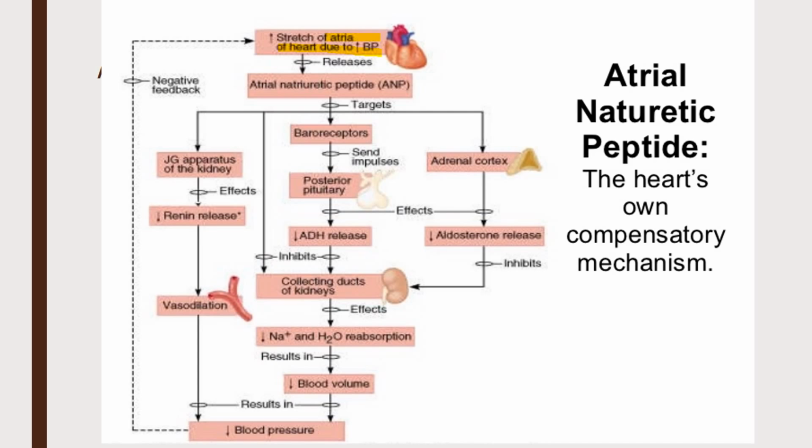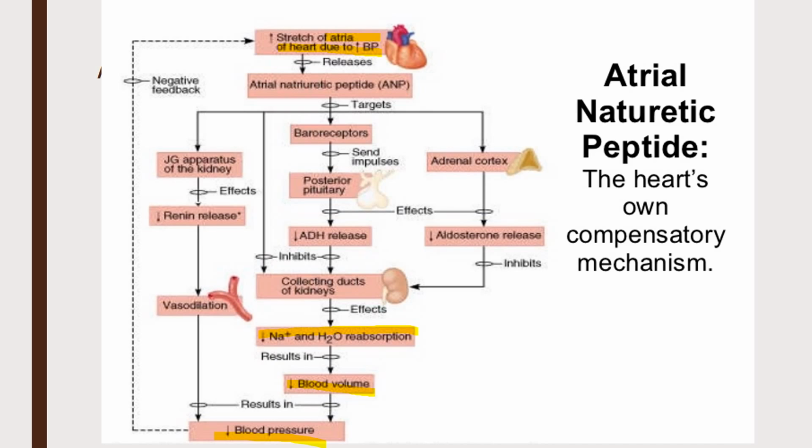Then we'll have stimulation of the kidneys to excrete more salt, okay? So a decrease in sodium and water reabsorption. Because of the countercurrent multiplier system, when less sodium is reabsorbed, water reabsorption is also decreased. This is going to decrease the blood volume, and so ultimately we'll have a decrease in blood pressure.